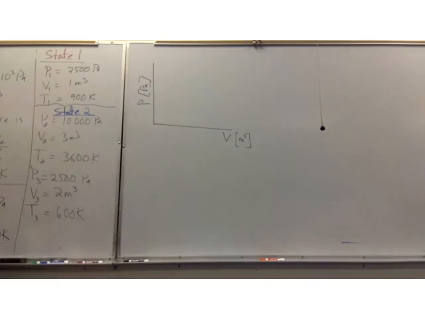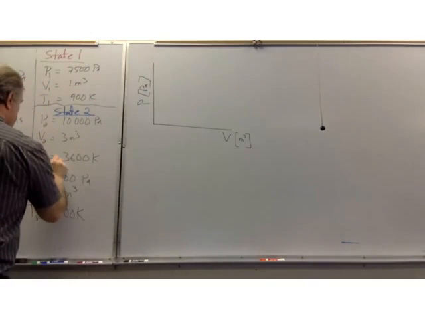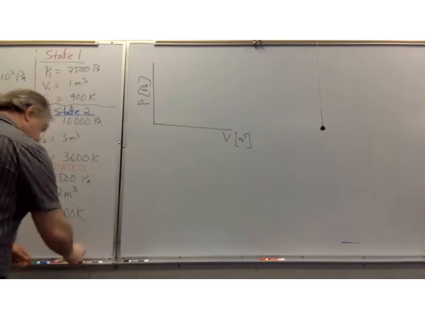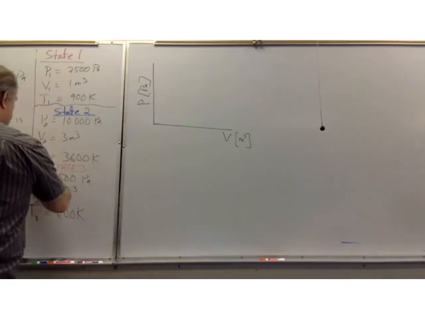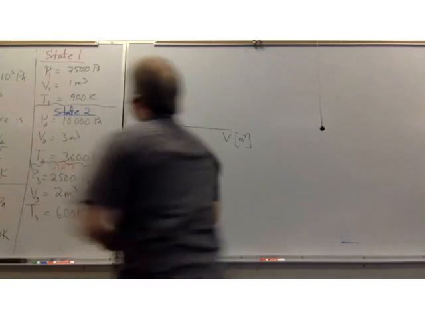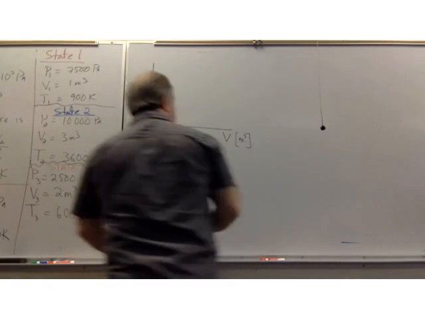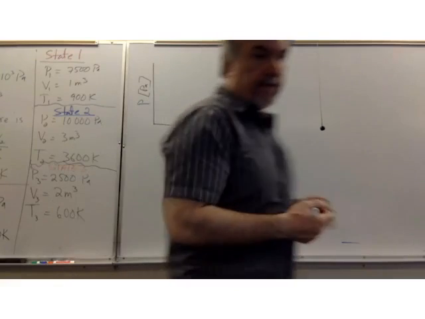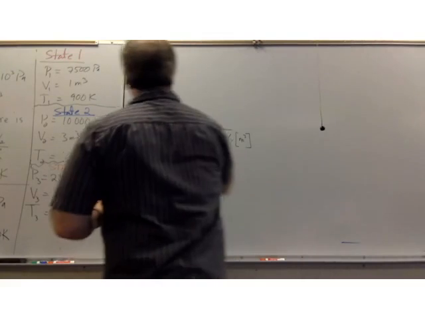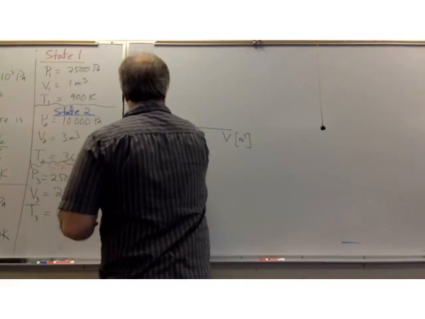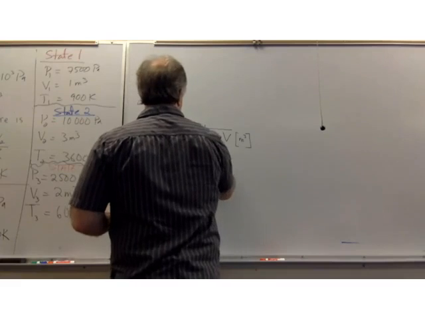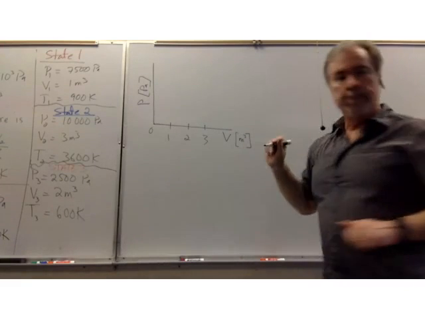And state 3, red. Okay, and so let me put some numbers on here. I had 1 cubic meter, 2 cubic meters, 3 cubic meters, so this is going to be 0, 1, 2, 3 cubic meters.